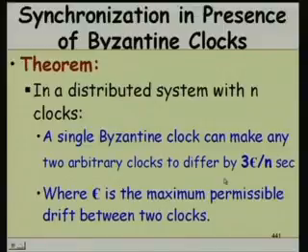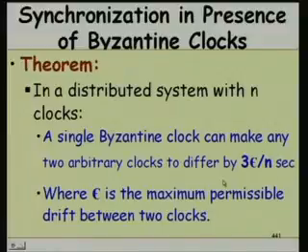I think this was the question that I was asking you: if we have one Byzantine clock, what will be its effect on other clocks, because it will confuse the other clocks, is not it? It sends a high value to some and a low value to others, but it cannot send really bad values, it will be sending within the epsilon limit. So, one it will be sending plus epsilon and another minus epsilon, right, and the effect of that is to make two clocks differ by 3 epsilon by n.